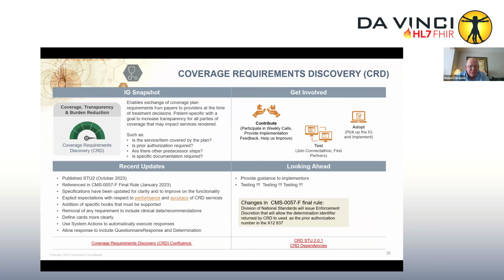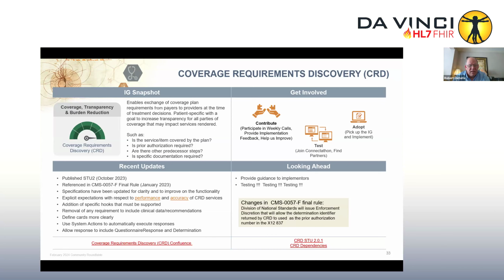Okay, coverage requirements discovery. A number of things have happened since our version 1 was published. We have now put out a version 2 in October of last year. It's referenced in the final rule as the version 2. The specifications have been updated for clarity. We've improved on the functionality dramatically.